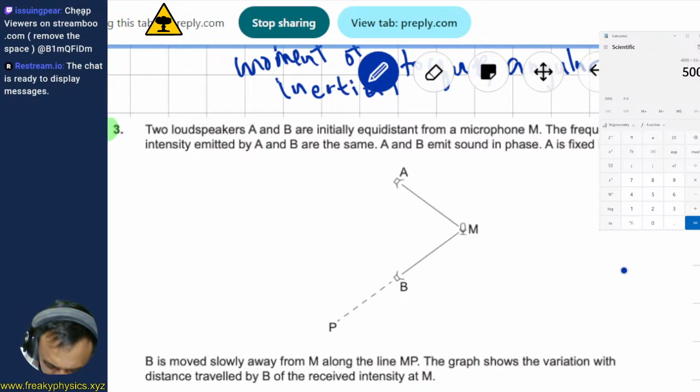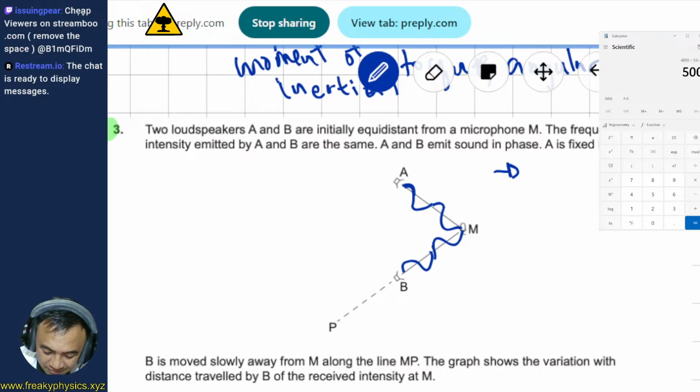So I'm going to assume for now that A and B have the same frequency and are equidistant from M, and I'm going to draw one, two waves only to make it more visible. In this case, the waves arrive in phase.